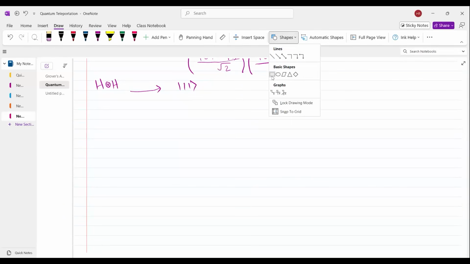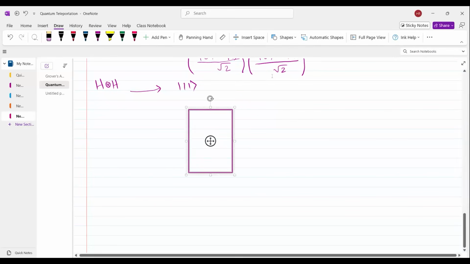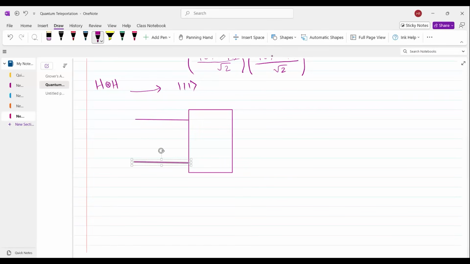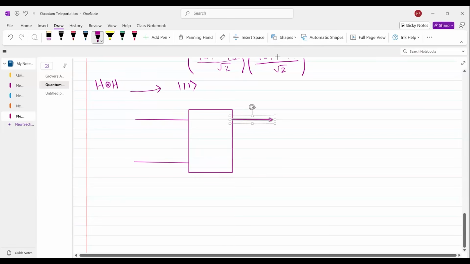So let us talk about it in terms of quantum algorithms. Over here we have this state A, and this auxiliary qubit B. This circuit is represented as U_f.